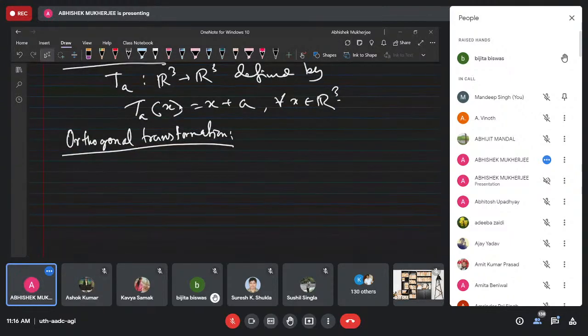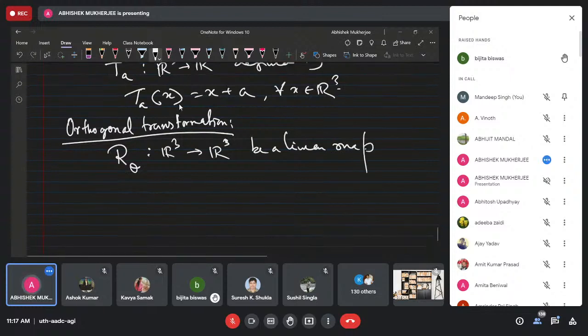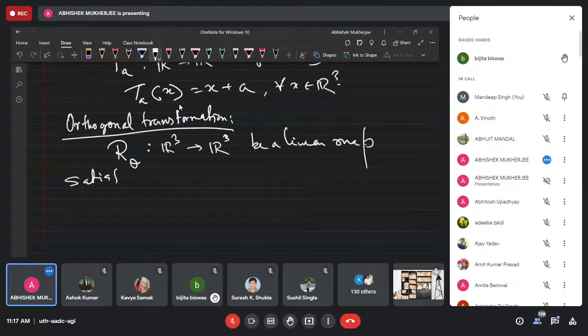This is denoted by r suffix theta, and it is defined to be a linear map satisfying this property, that is, if you take two vectors x and y and you take the dot product of their images, then this will be the same as the dot product of the original vectors.